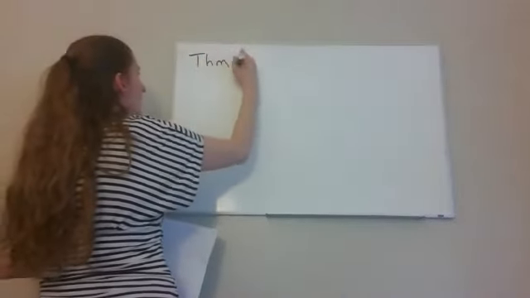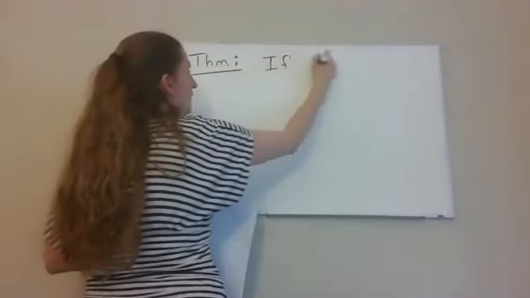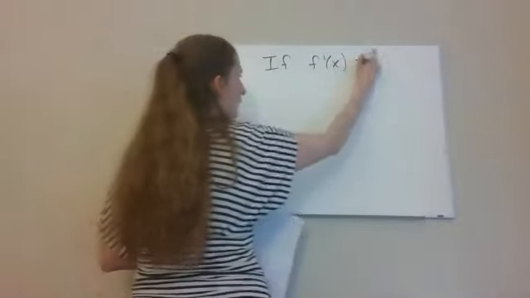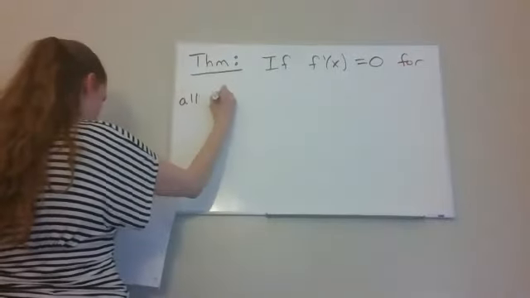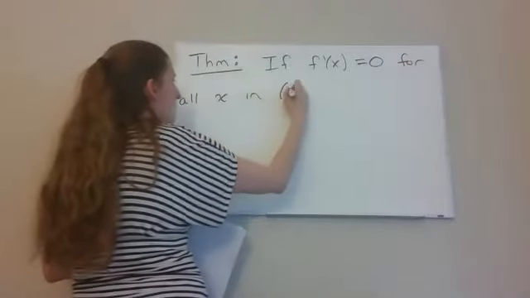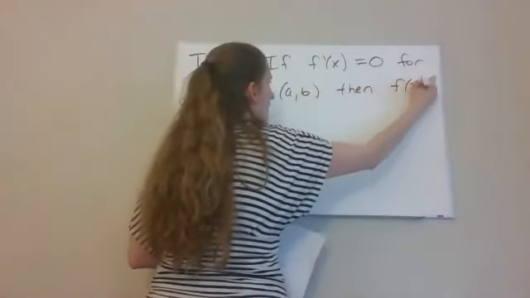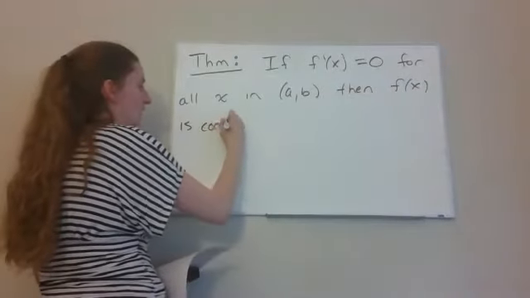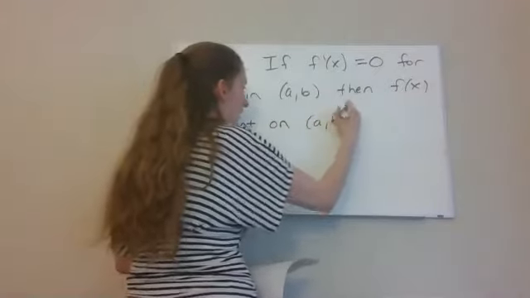So one extra fact, one extra theorem, is if f prime is equal to 0 for all x in the interval AB, then the function f of x is constant on AB.